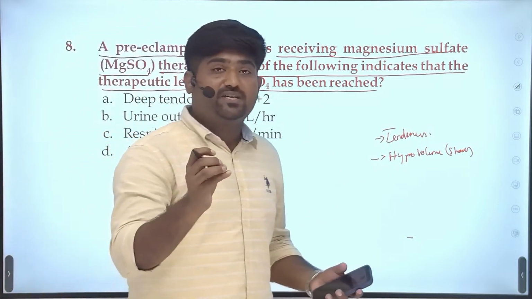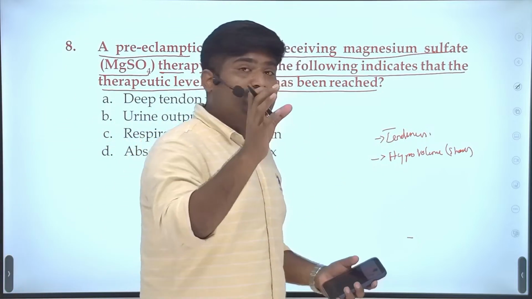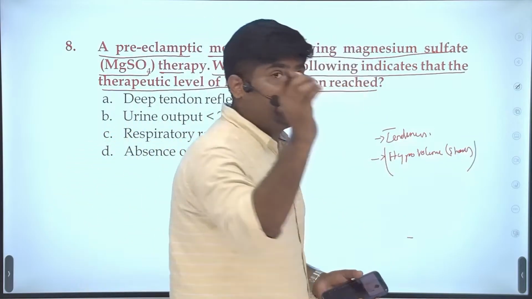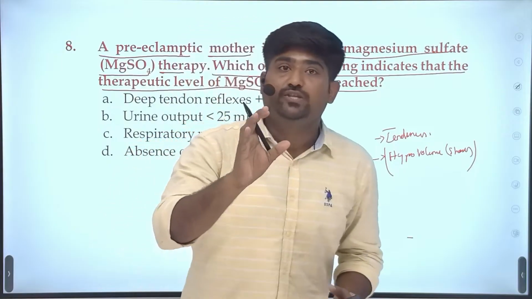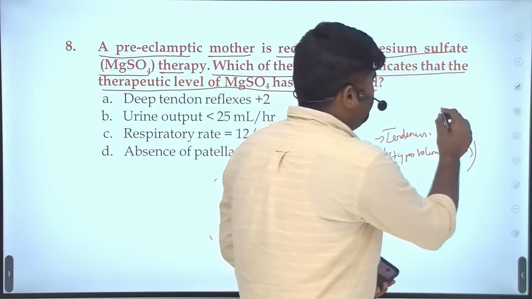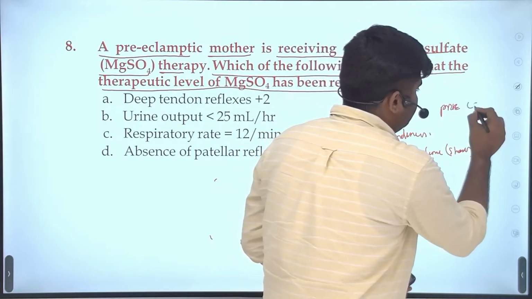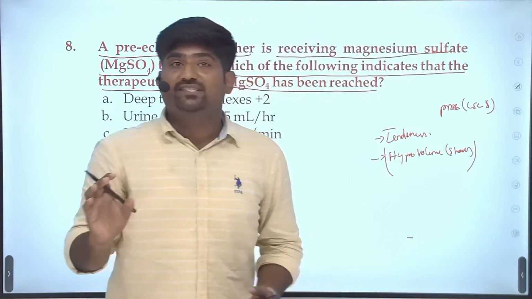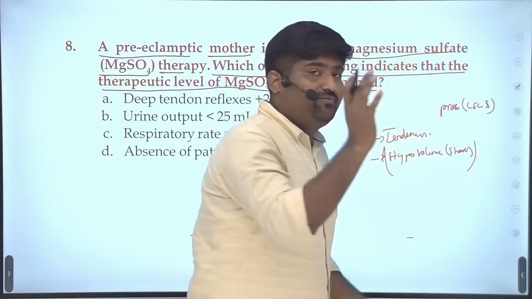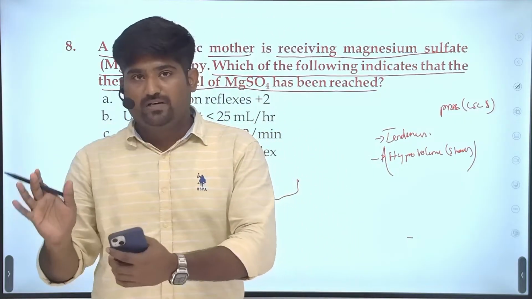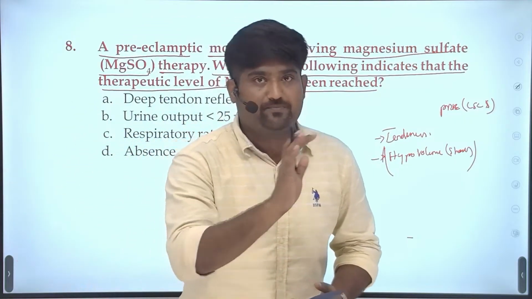In uterine rupture, sudden profuse bleeding along with pain and hypovolemic shock is the classical symptom, and it is most probably with previous LSCS. Previous LSCS mothers are prone to this. If they try normal labor after a previous LSCS, there is a chance of uterine rupture.